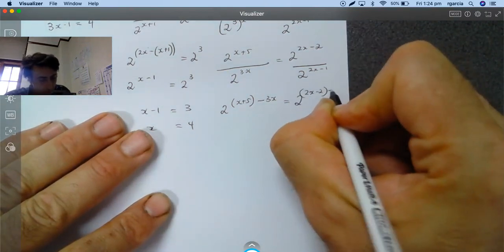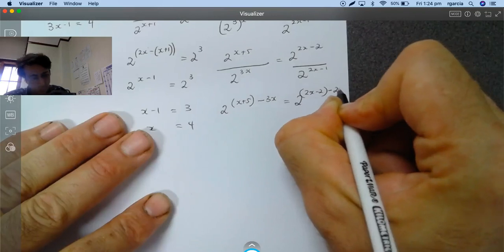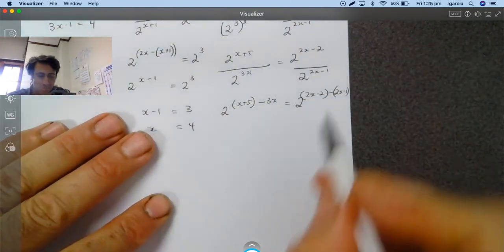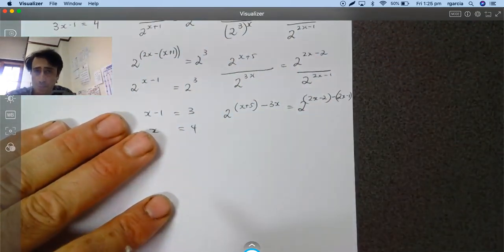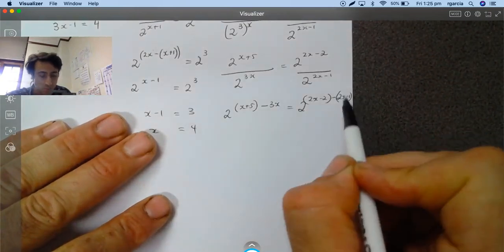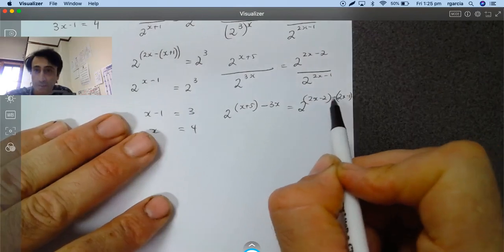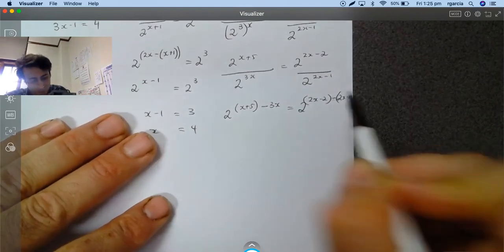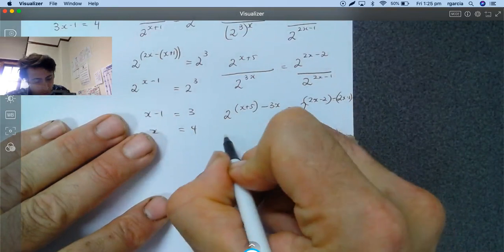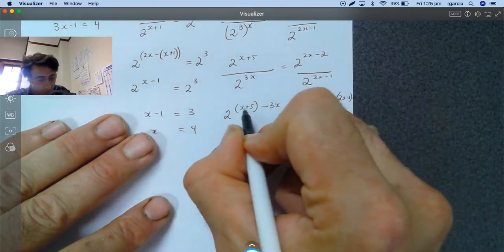minus 2x minus 1. Now you notice I'm putting brackets, because we're bagging the whole thing. We need to make sure that you bag it, because otherwise the tendency will be just to take away the 2x, but not to take away the negative of the negative 1. Simplify 2 to the x plus 5 minus 3x.